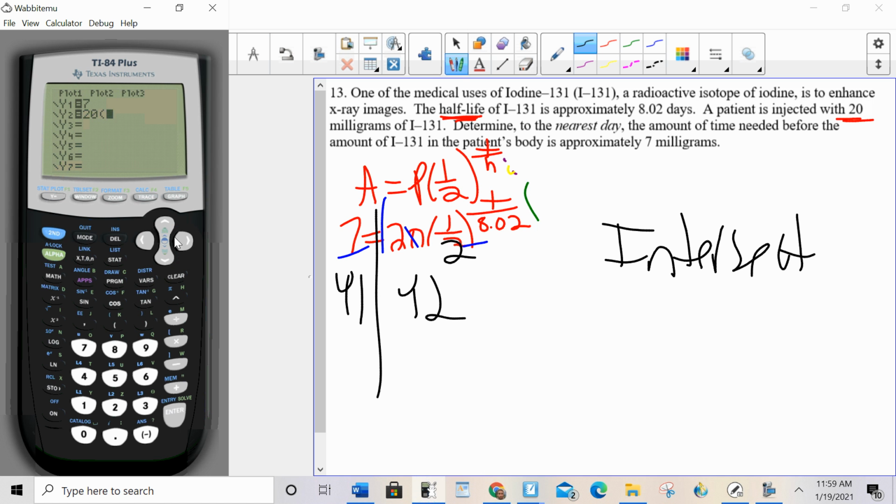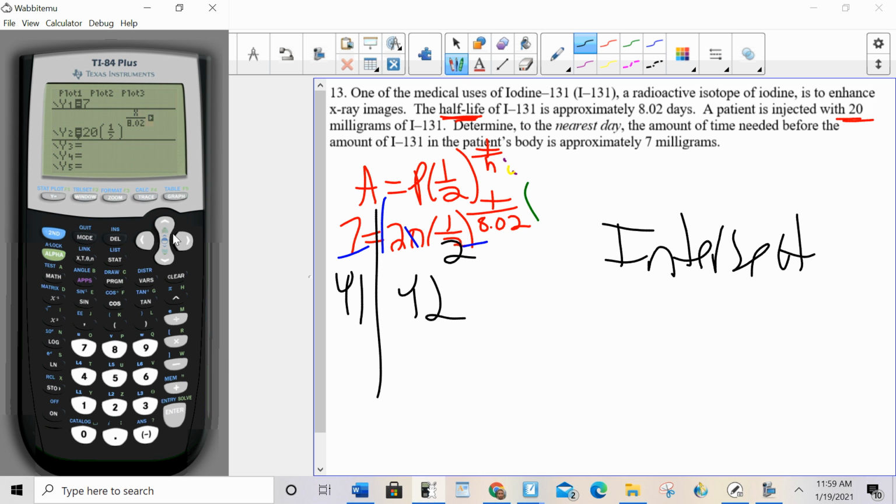Whoops. 20 alpha y equals enter. 1/2 to the power of x over 8.02. So just double checking, everything looks good.